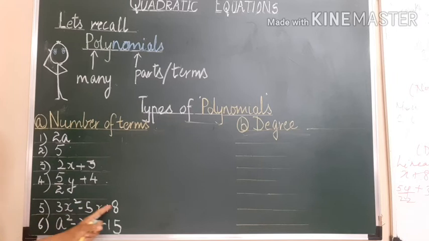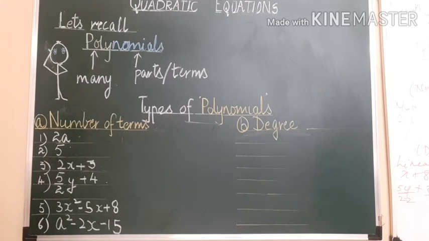So you have three terms combined together either with the operation of subtraction or addition. Let's move on to the last example. a squared minus 2x minus 15. Again over here, children, we see three terms, a squared, 2x and 15, combined together with the operation of subtraction.